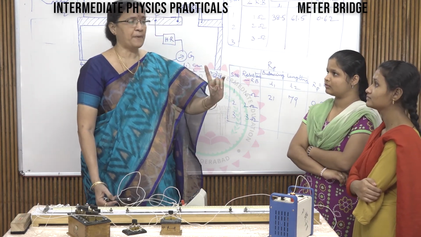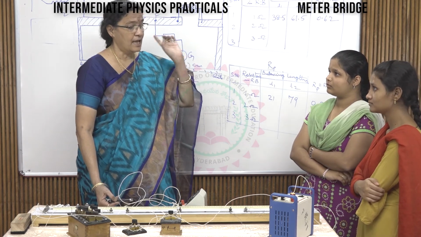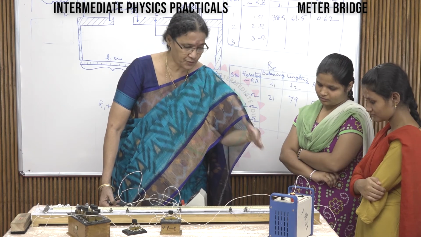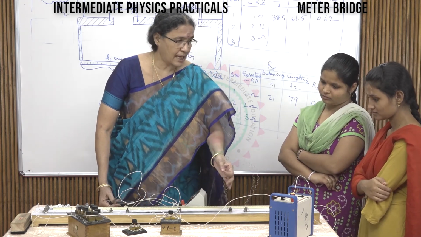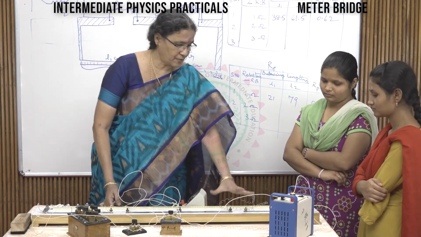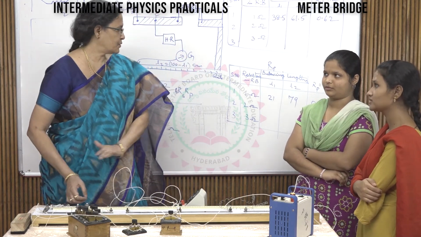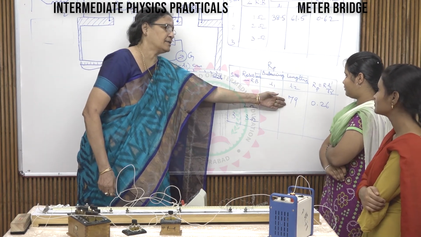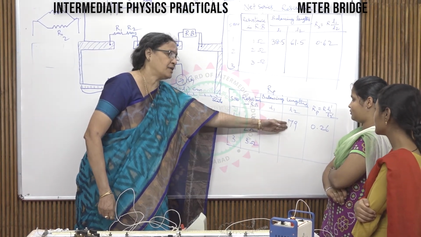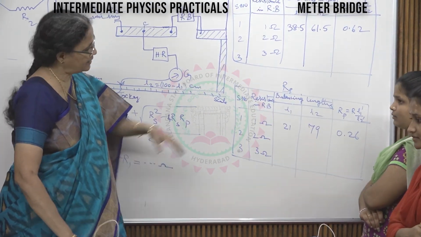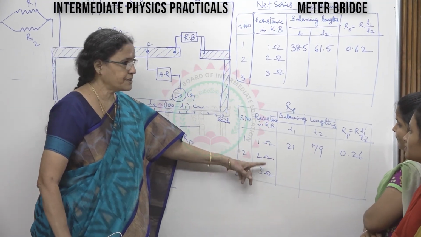L1 is the length from the starting point of the meter bridge wire, this side where unknown resistance wire is connected. This is L1, this is L2. So if I get this as 21, 100 minus 21 is 79. That is 0.026. Like that, you apply 2 ohms, 3 ohms.